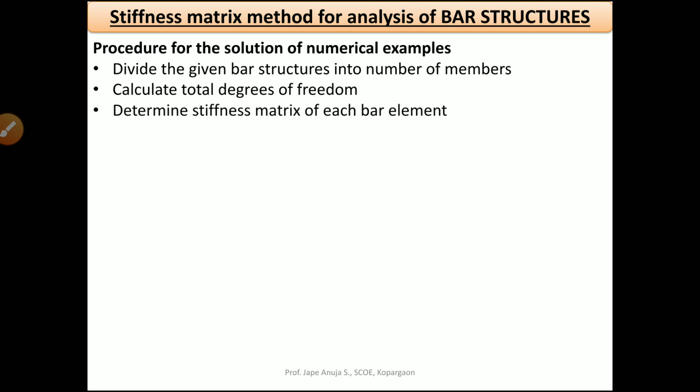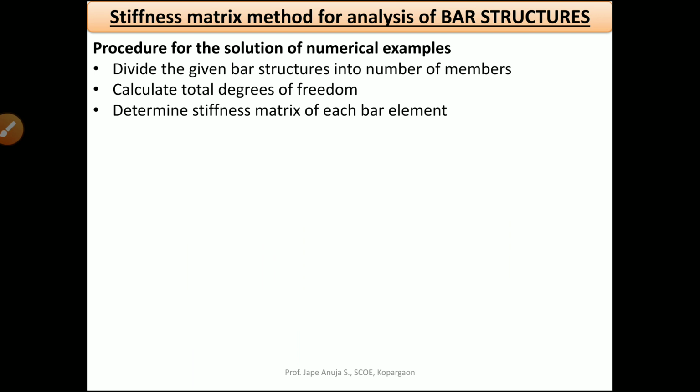Then for each member, for each element, you have to write the stiffness matrix, what we have just derived, K equal to AE upon L times 1, -1, -1 and 1. Depending upon the properties of the bar element, you write the stiffness matrix for each bar element, which is also called the local stiffness matrix.